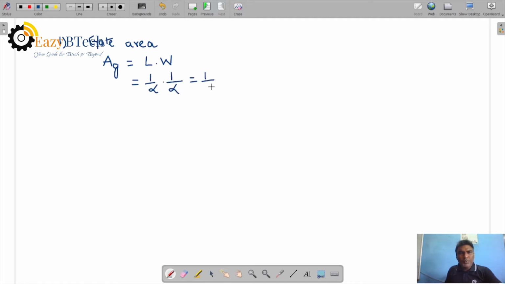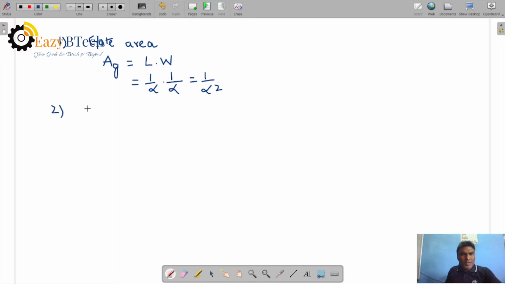This will be equal to 1 by alpha square. Right? This will be asked in examinations, mostly in competitive exams also. What are the scaling factors? Like we will be asked gate area and gate capacitance.